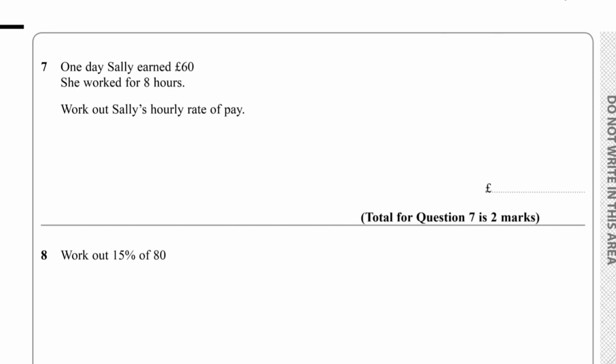So per hour we would have 60 divided by 8, which simplifies to 30 over 4, which simplifies even further to 15 over 2, which is 7.5. So we have £7.50 per hour.